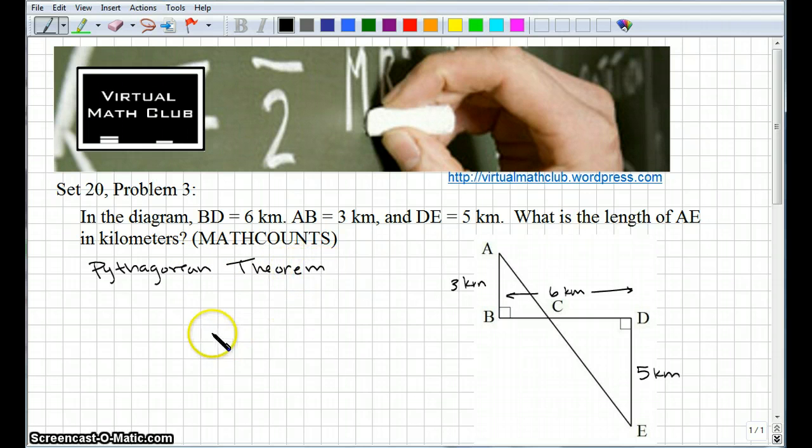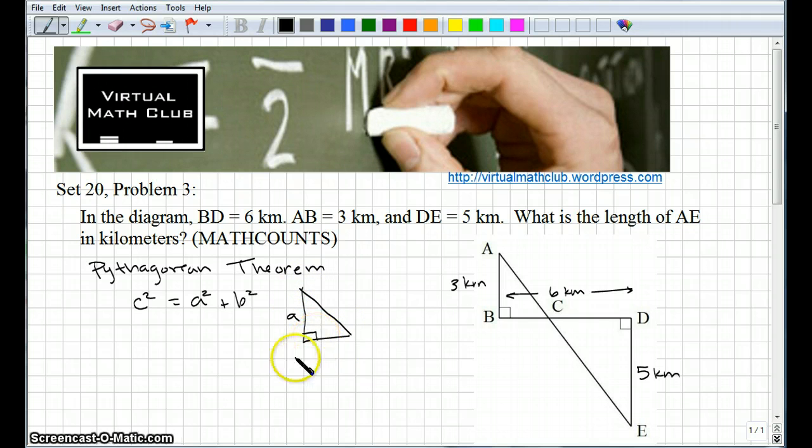And what does the Pythagorean theorem tell us? Well, it says that if you have a right triangle, then there's a relationship between the hypotenuse, which is the side opposite the right angle, and the two legs. The relationship is c squared equals a squared plus b squared, where a and b are the legs of the right triangle.